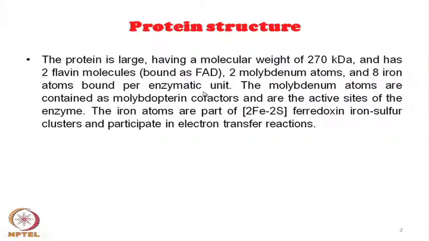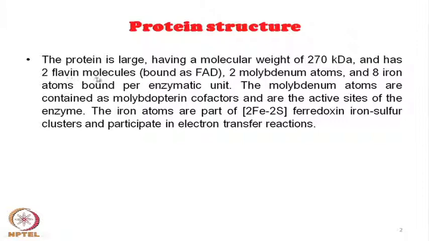So, in a big protein structure where we have several other parts also, we should also know a little bit about the protein structure, which is a large one and has a molecular weight of 270 kilodalton. And apart from molybdenum atoms, the analytical part, that means how many molybdenum centers and what other parts are taking part in oxidation and reduction reactions, we should also know.